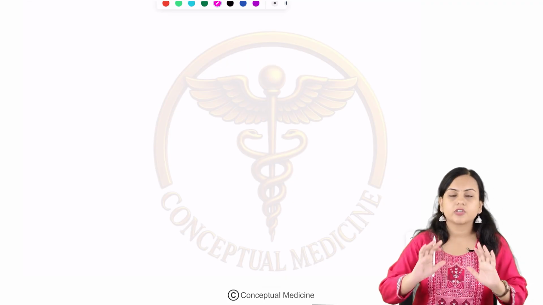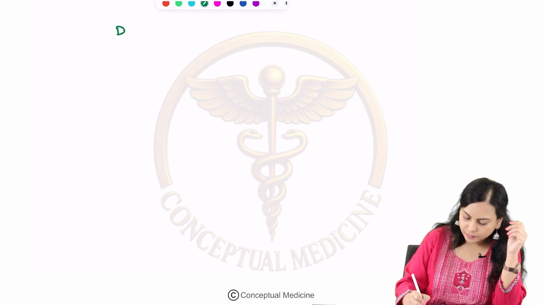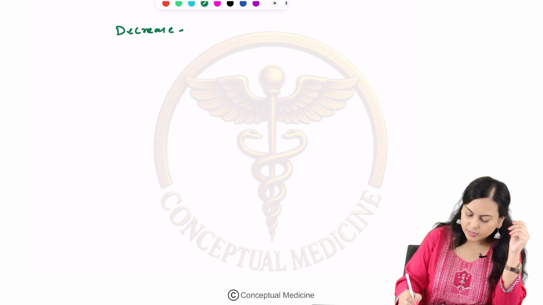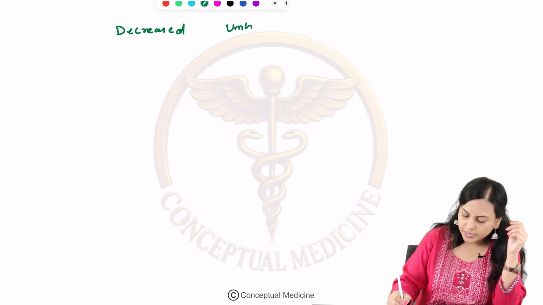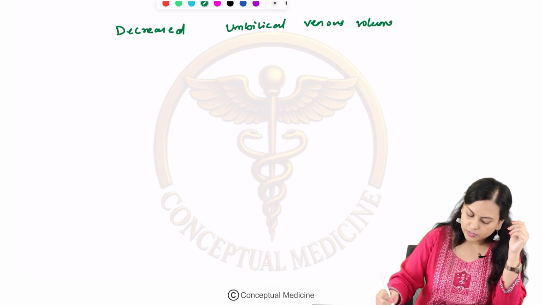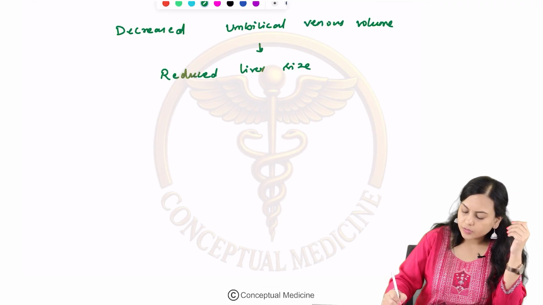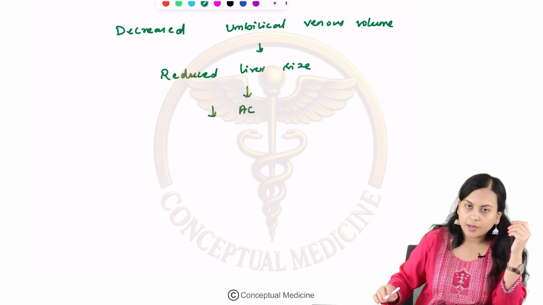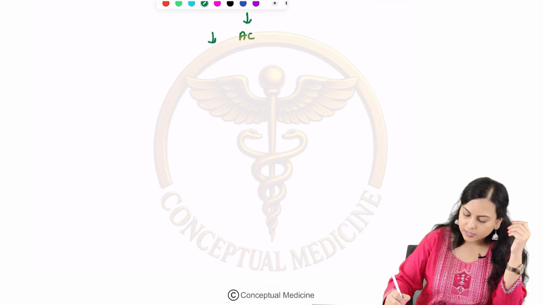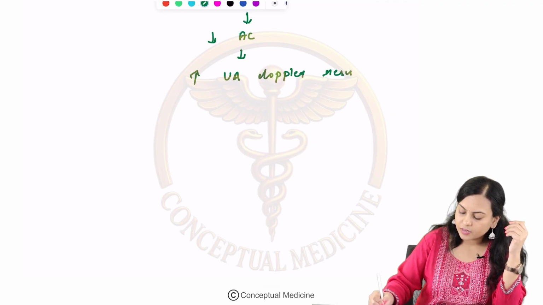So let me summarize the changes that happen in FGR once again. First there is a decrease in umbilical venous volume, which results in reduced liver size. That means there is a reduced abdominal circumference and an increased uterine artery Doppler resistance.